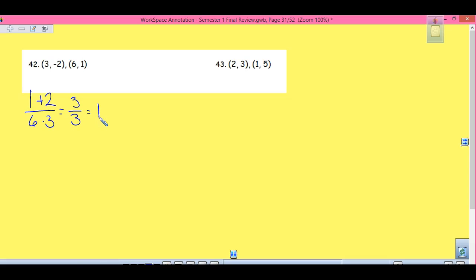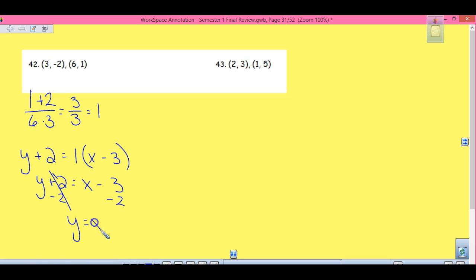So now it has to go into point slope. So y plus 2 equals 1 times x minus 3. So y plus 2 equals x minus 3. Minus 2, y equals x minus 5.